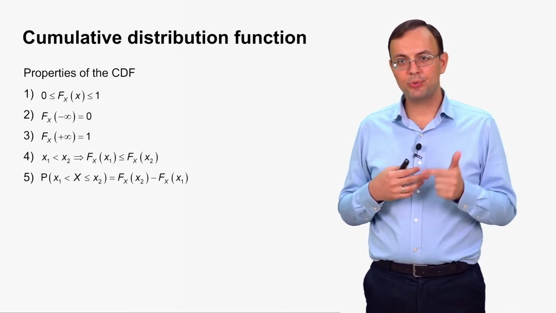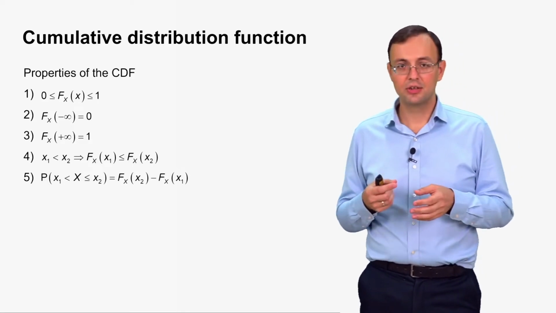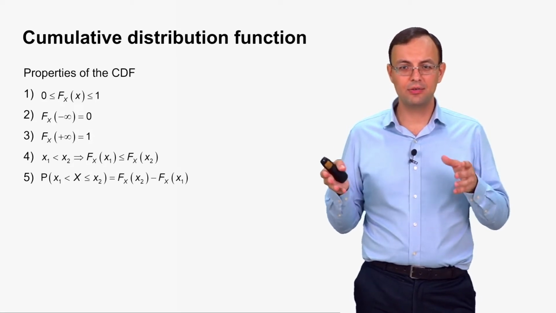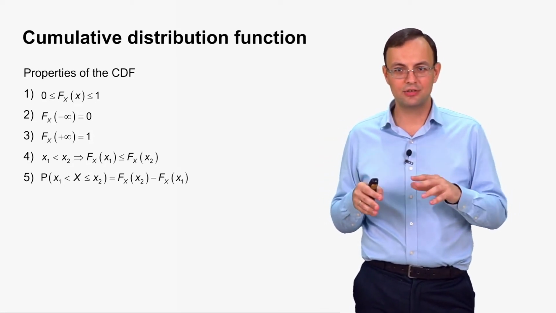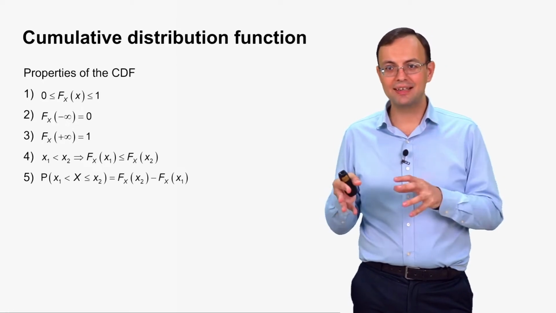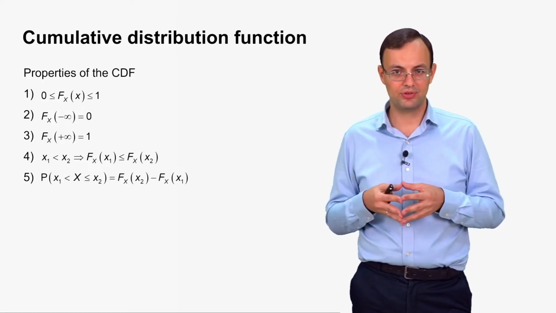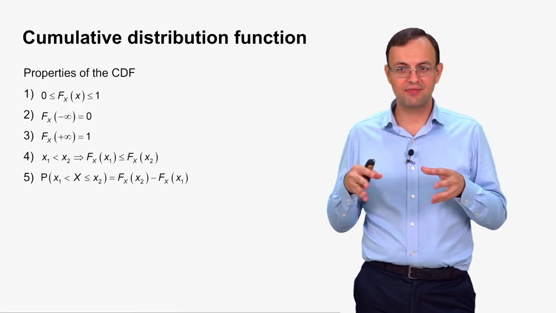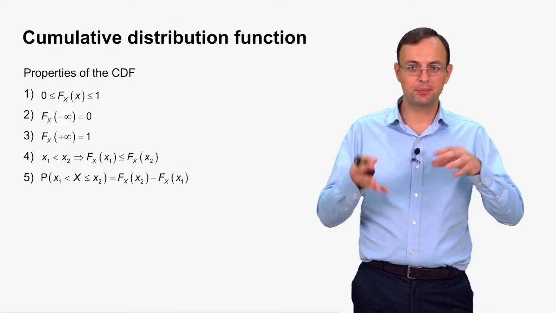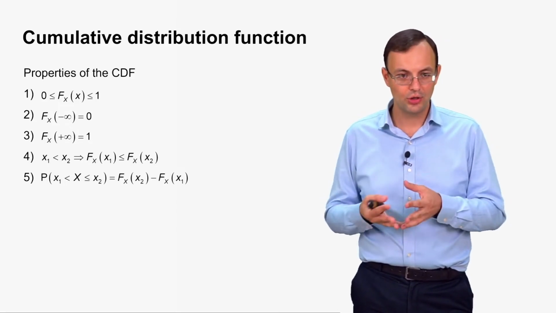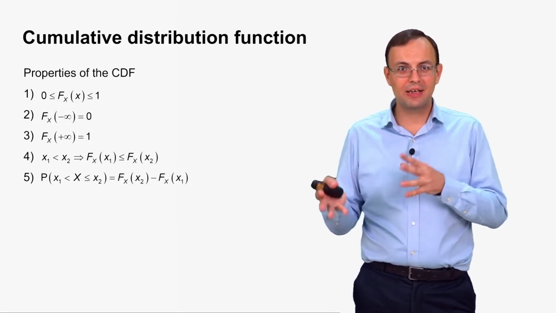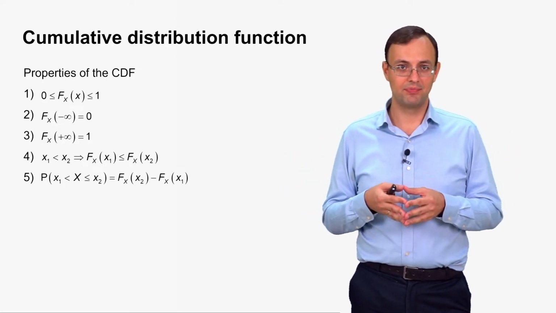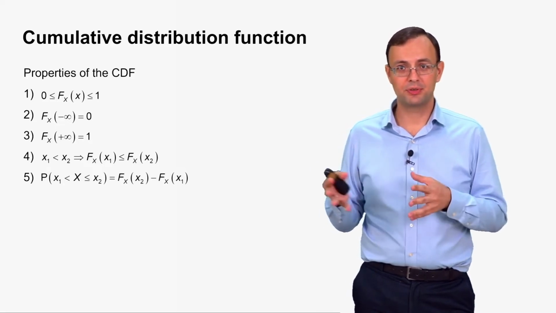And the fifth one is that for any random variable, the probability to take a value from some range, from x1 to x2, is the difference of the values of its CDF at these 2 points. If we subtract the probability to take a value less than x1 from the probability to take a value less than x2, what is left is the probability to take a value between x1 and x2. So this is the fifth main property of the CDF.